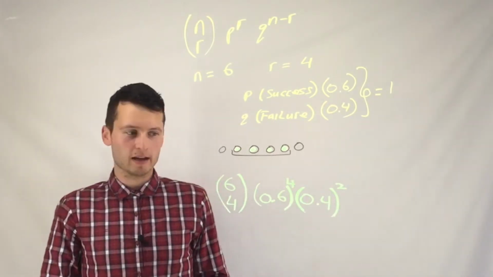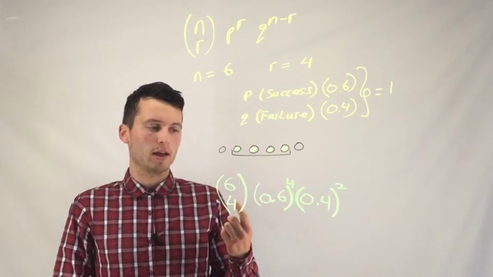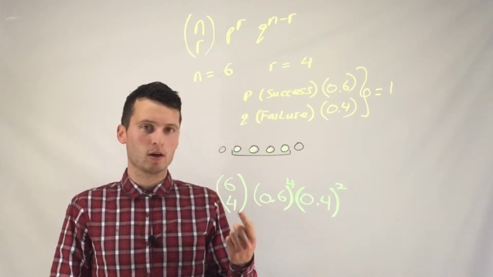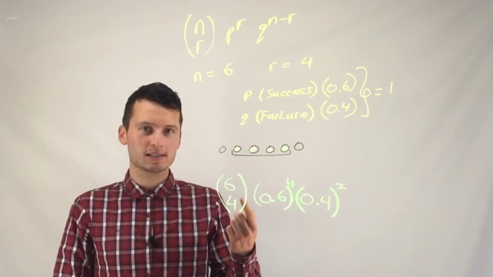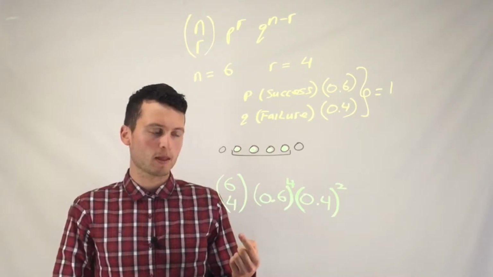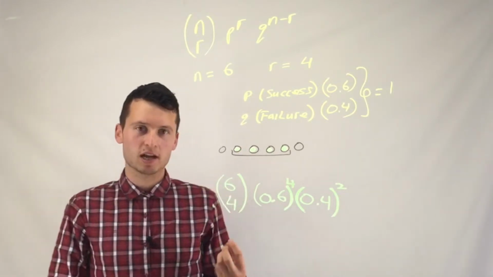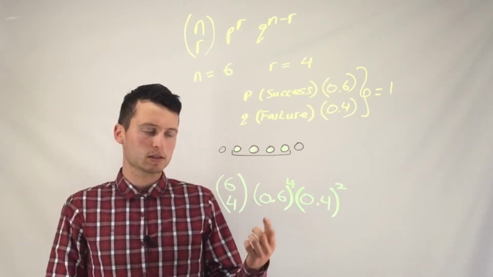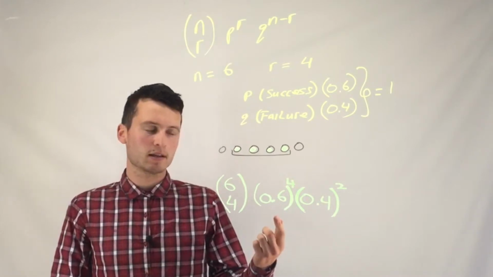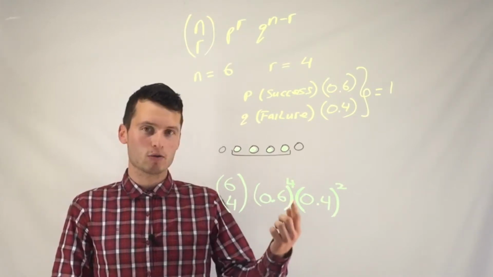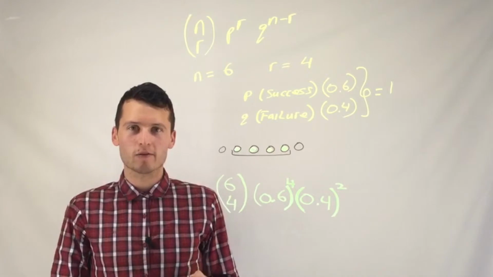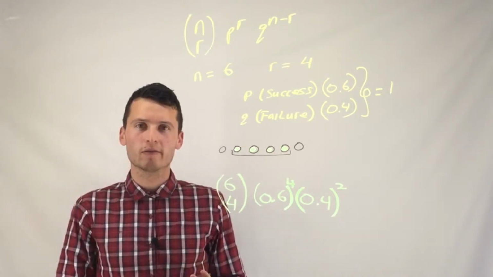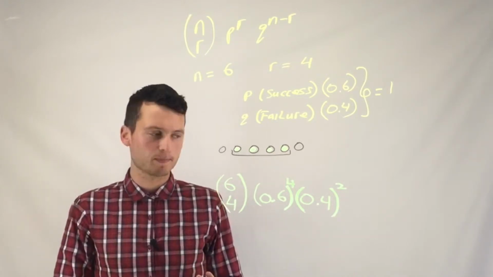So now let's break it down. n is 6, r is 4. So that means 6 choose 4. There's a 60% chance of the basketball scoring. So 0.6 to the power of 4. And we put it to the power of 4 because we're looking for 4 successful shots.